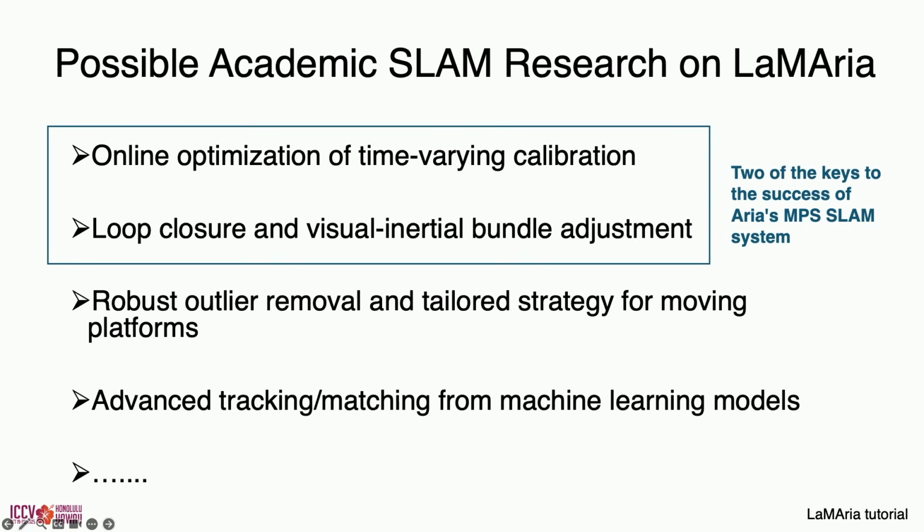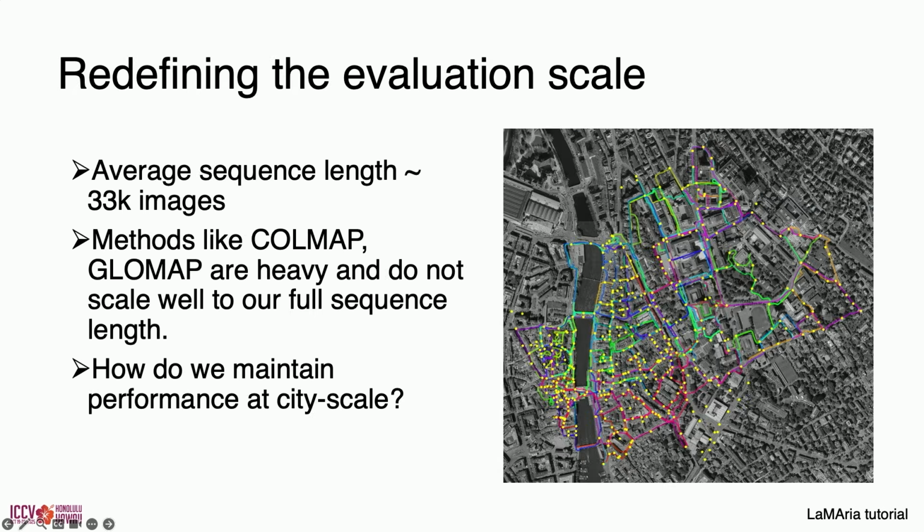So this is possible SLAM research which we hope that our data set also helps with in the future. And then another takeaway is that we also tried some short experiments where we ran methods like COLMAP and GLOMAP on our full sequence set, but they simply don't scale well to our full sequence set, where on average we have 33,000 images.